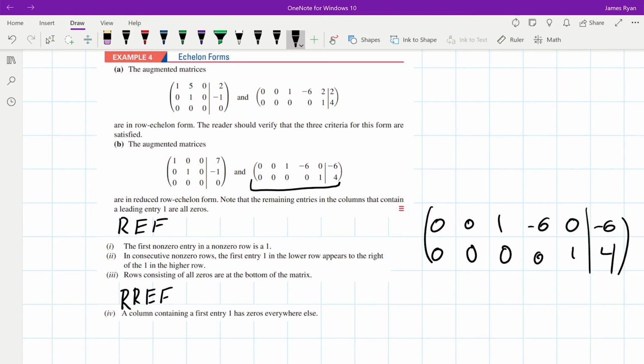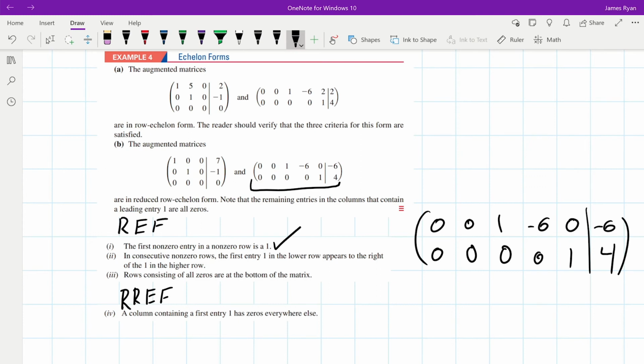So the first criterion, the first non-zero entry in a non-zero row is a 1. So we have 2 non-zero rows, and the first entry in each is 1. So we satisfy the first criteria. In consecutive non-zero rows, the first entry 1 in the lower row appears to the right of the 1 in the higher row.